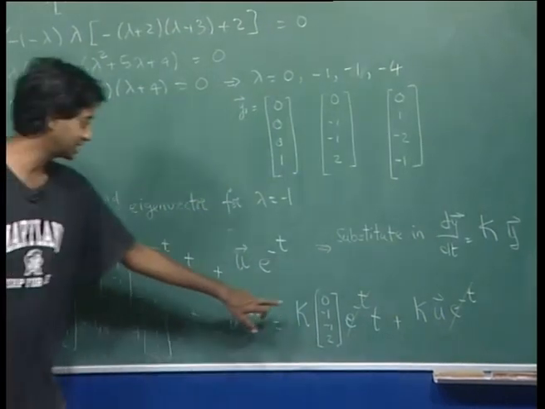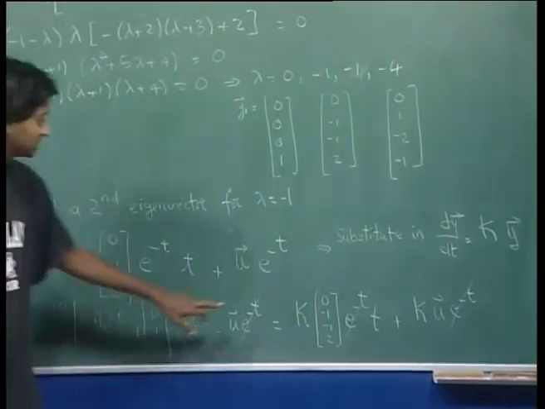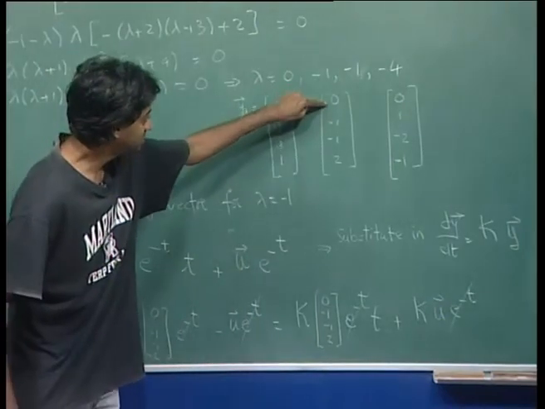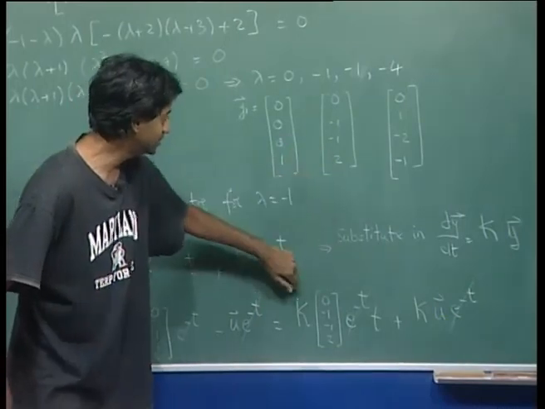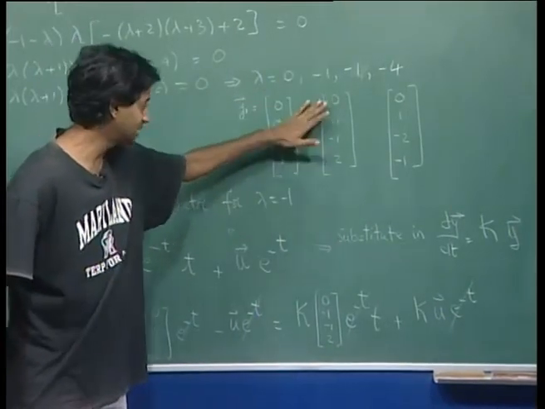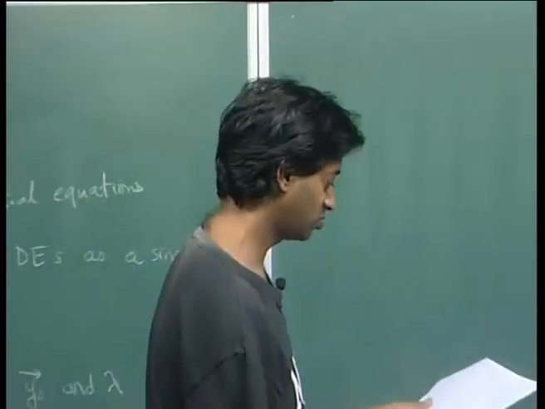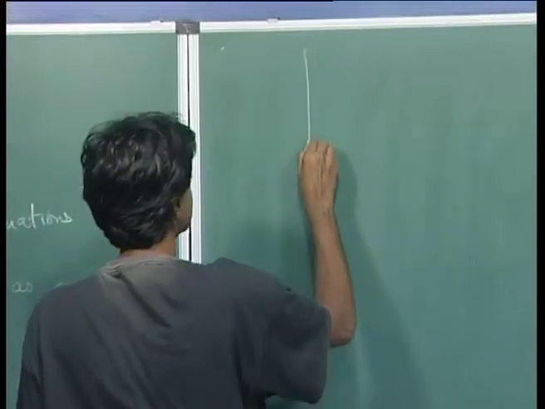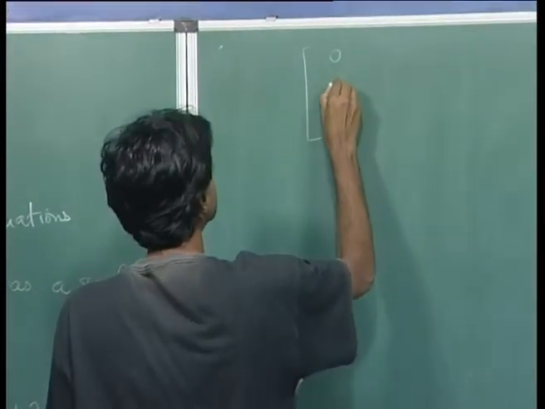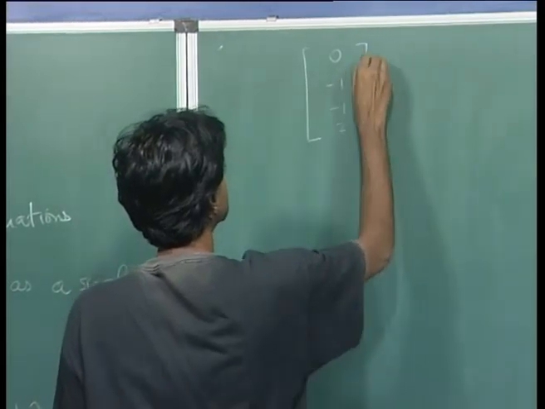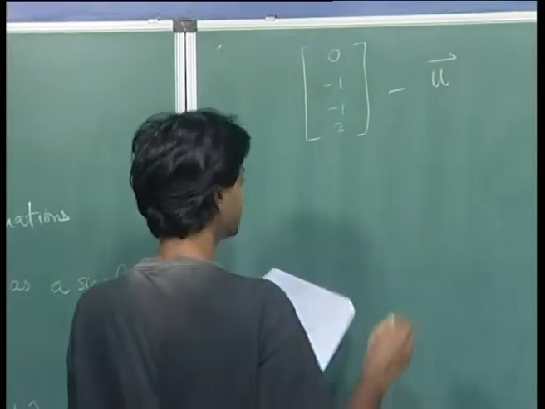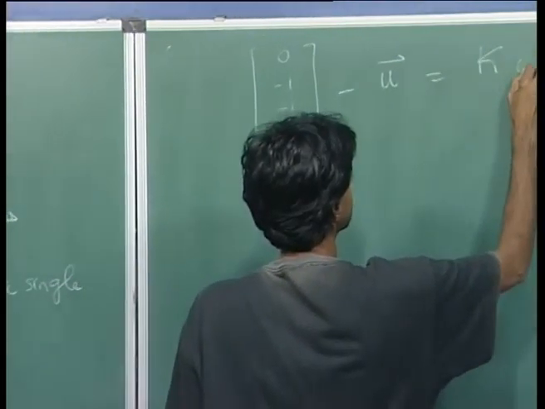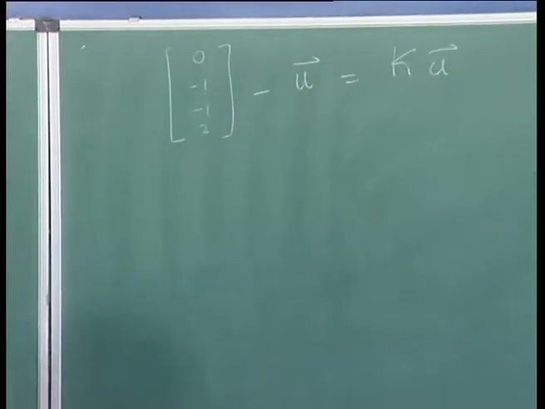So these two terms will cancel, because this 0 minus 1 minus 1 2 is an eigenvector of k with eigenvalue minus 1. So when you cancel the terms, what you will get is the following expression: 0 minus 1 minus 1 2 minus u is equal to k times u.